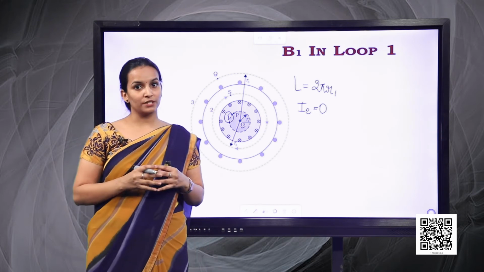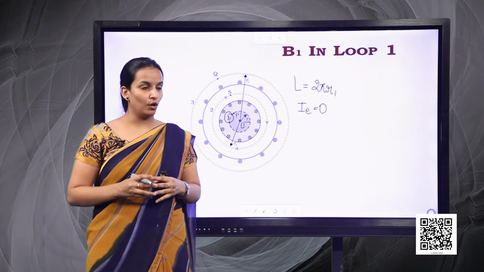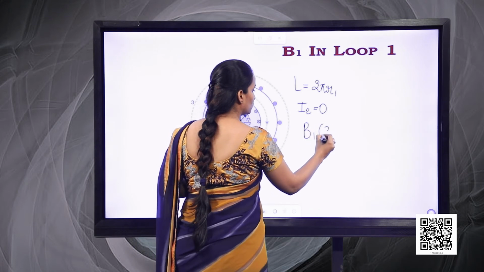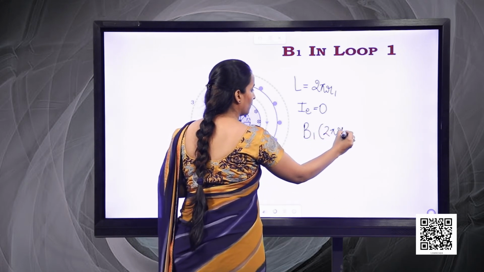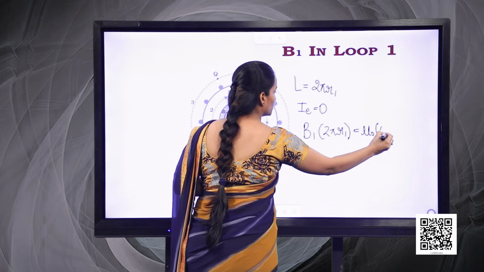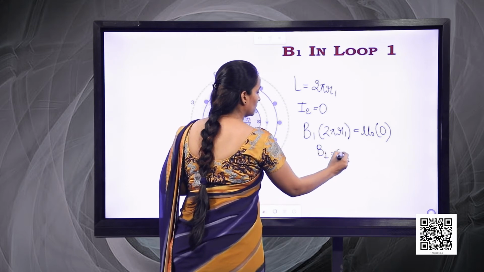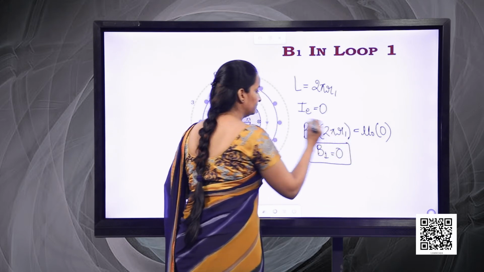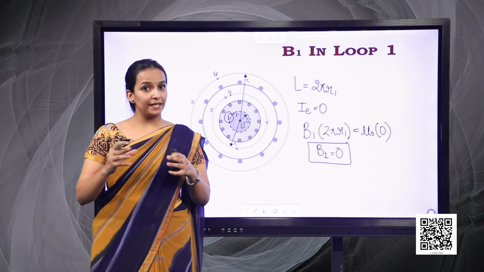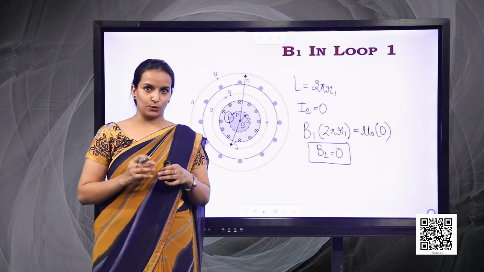On substituting the value of L and enclosed current in Ampere's circuital law, what will we obtain? It will be B1 2 pi r1 equals mu naught I_e, which is 0. It means B1 is equal to 0. Thus, the magnetic field at any point P in the open space inside the toroid is 0.